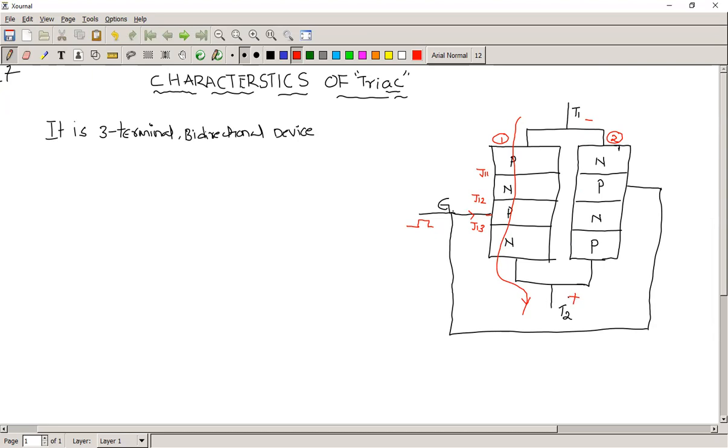With this voltage, the junctions are J21, J22, J23. It is forward bias, it is also forward bias, and this one is reverse bias.